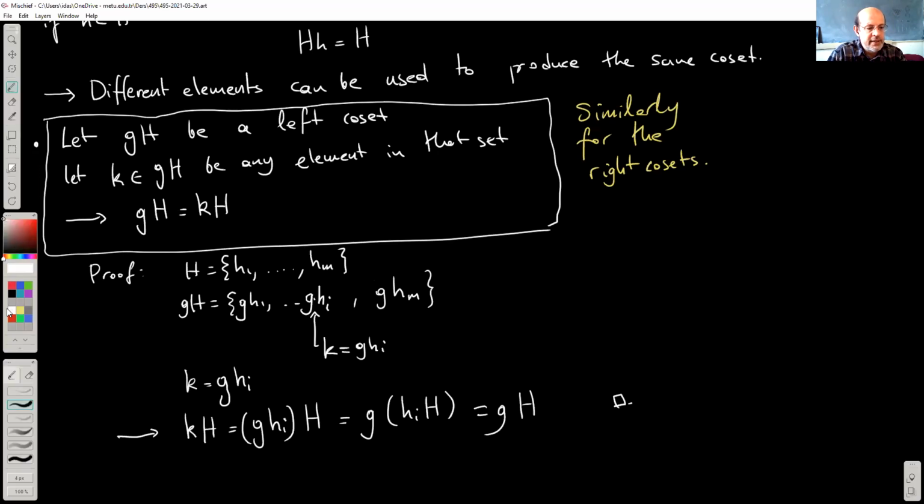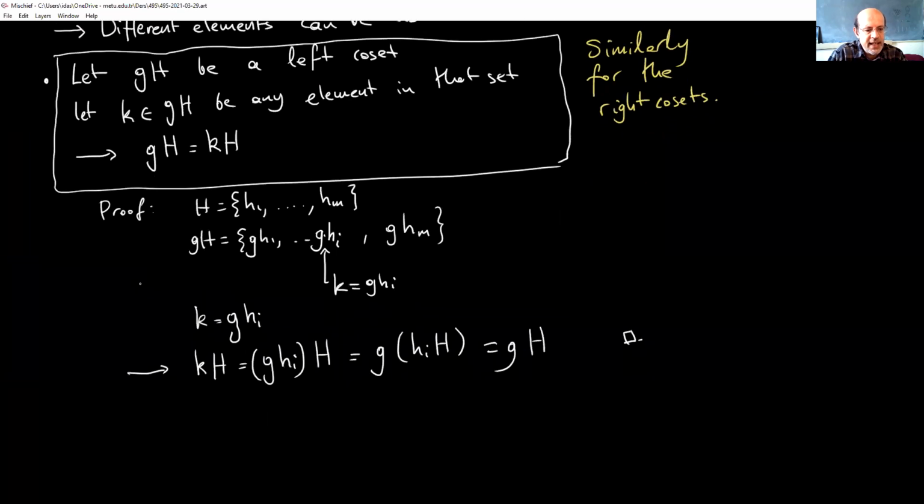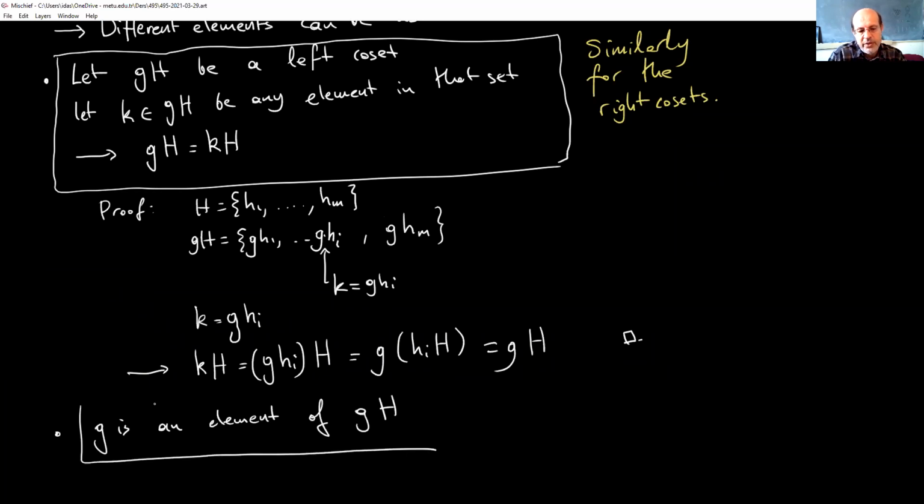All right, so next, this is kind of trivial. G is an element of GH. So if I produce a left coset by using element G, then the left coset itself should contain this element.